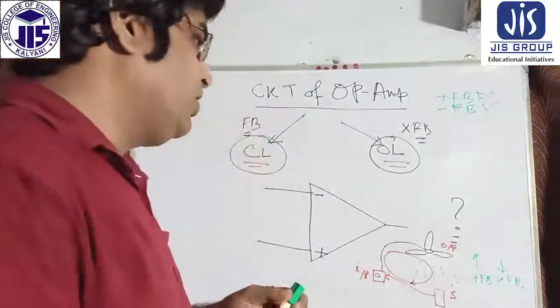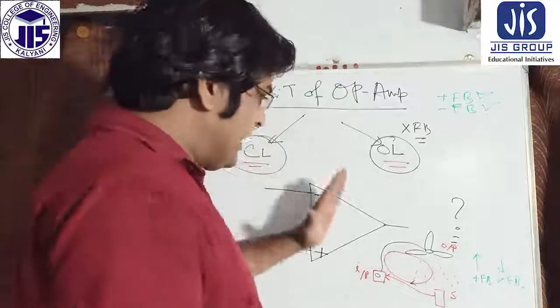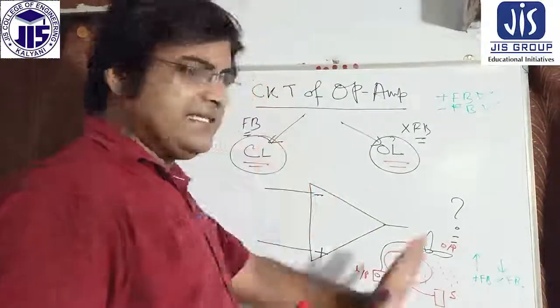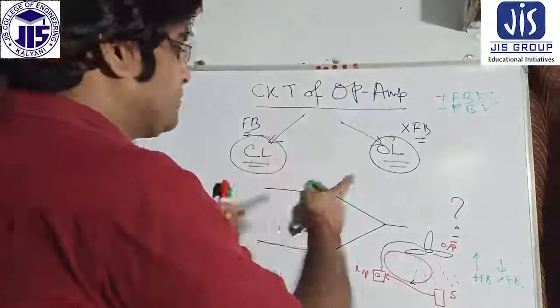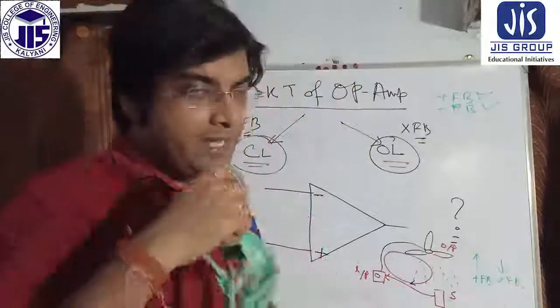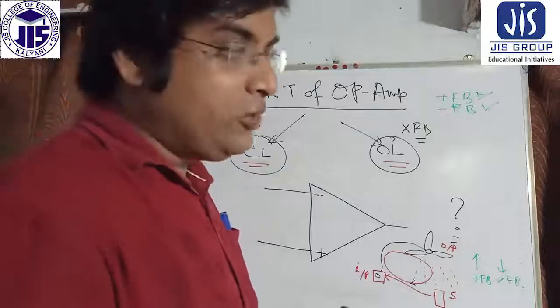So in case of an operational amplifier, if there is any feedback, then it is called a closed loop circuit. If there is no feedback, then it is called an open loop circuit.